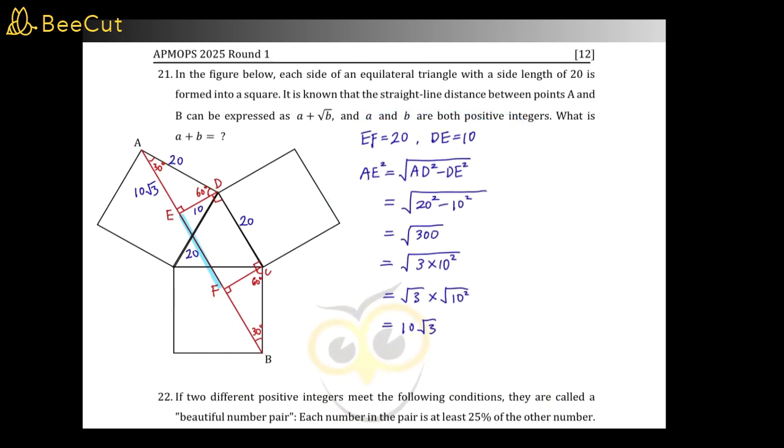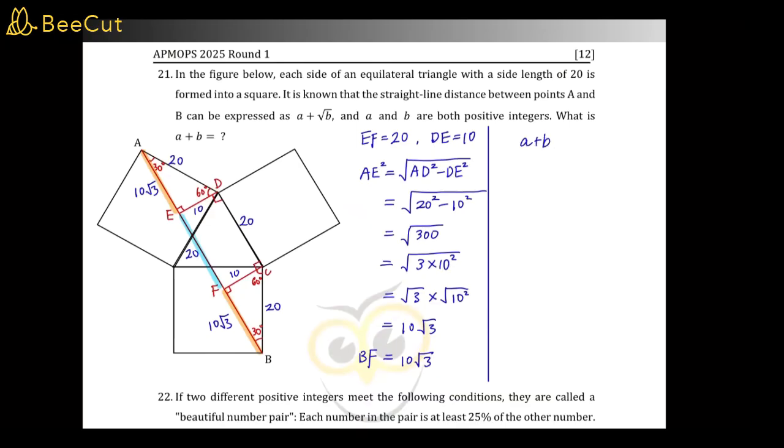Since the figure is symmetrical, we know that if AE is 10 square root 3, then BF is also 10 square root 3. This is 10 and 20. So let's add them together.